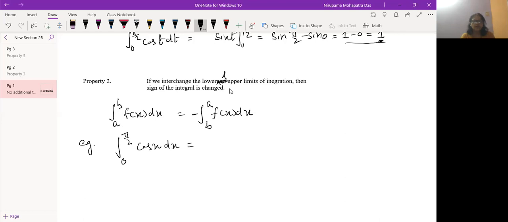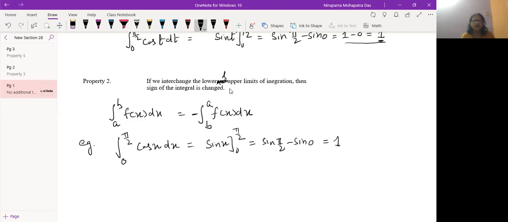We get sin x from 0 to pi by 2, which is sin pi by 2 minus sin 0, which is 1.